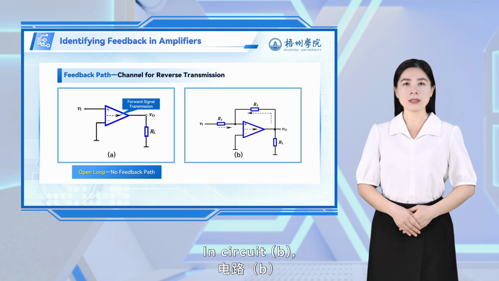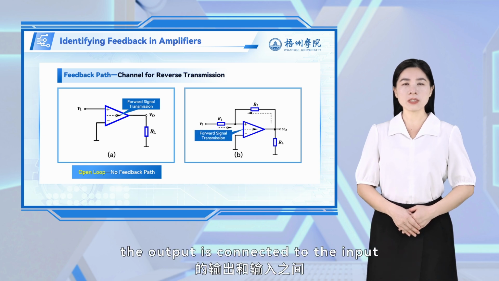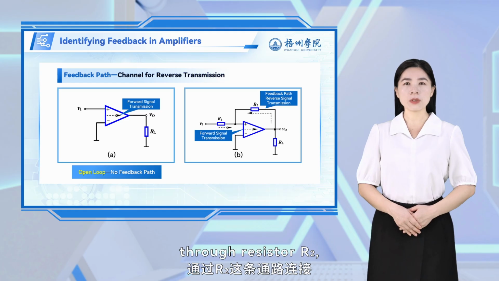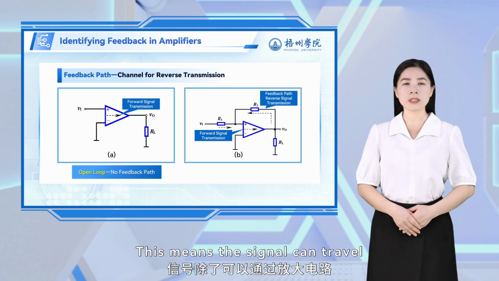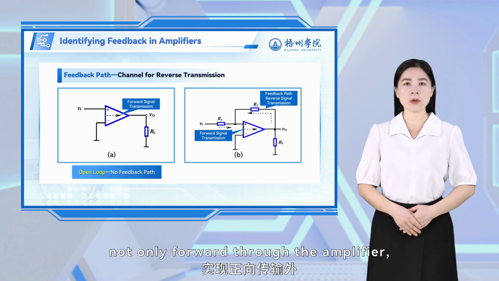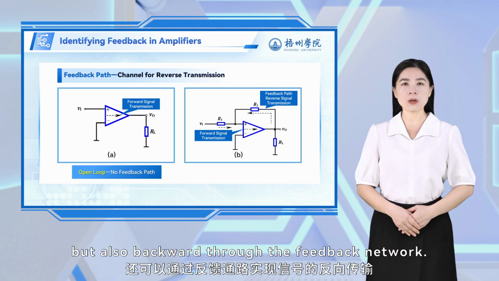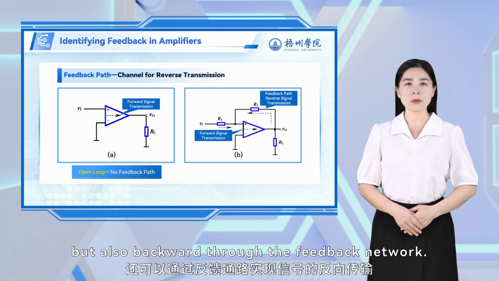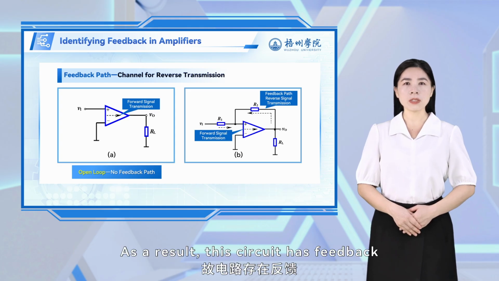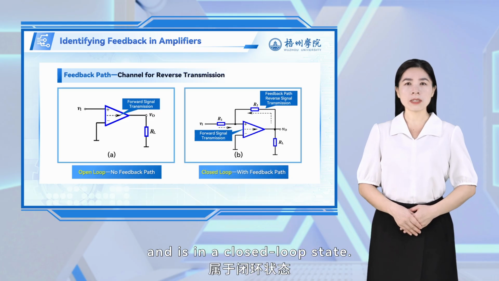In circuit B, the output is connected to the input through resistor R2, creating a feedback path. This means the signal can travel not only forward through the amplifier, but also backward through the feedback network. As a result, this circuit has feedback and is in a closed-loop state.